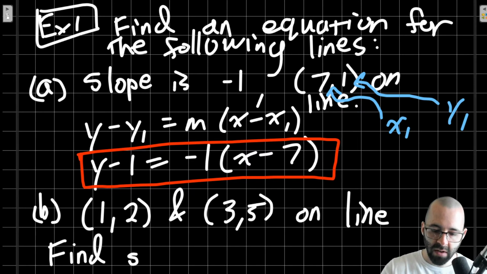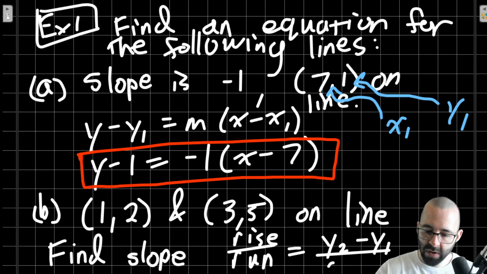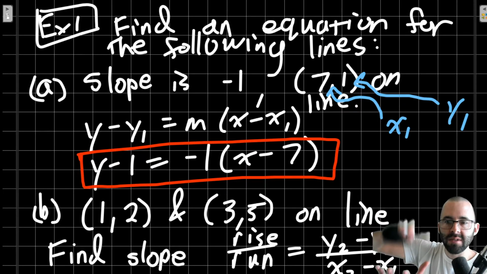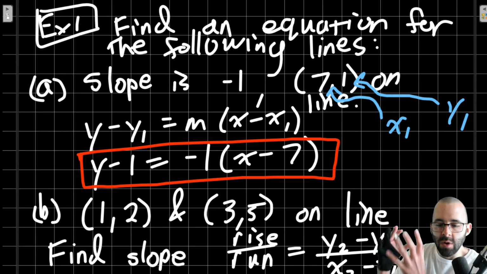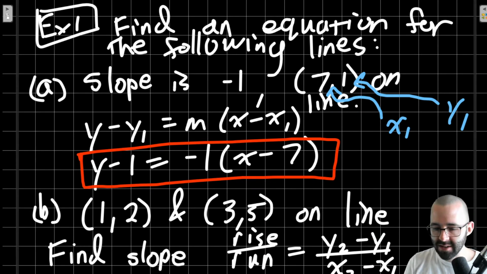So remember that for slope, it's rise over run. Or another way of writing this is y2 minus y1 over x2 minus x1, right? Rise is just, what's the difference in the y values? Difference is subtraction, y2 minus y1. Run is the difference in the x's. Well, that's just subtraction of the x's right here.